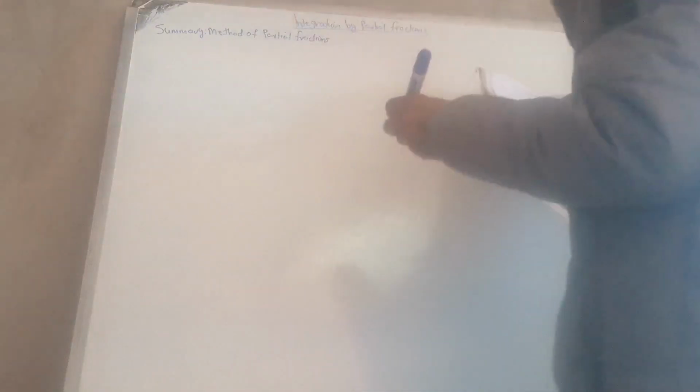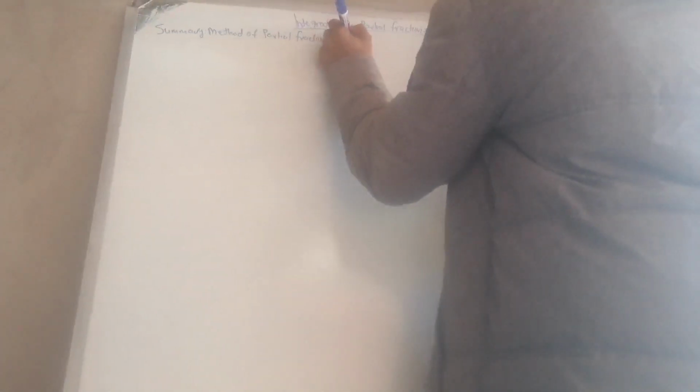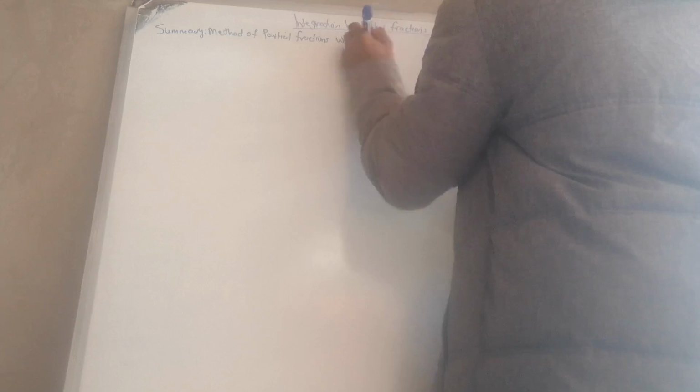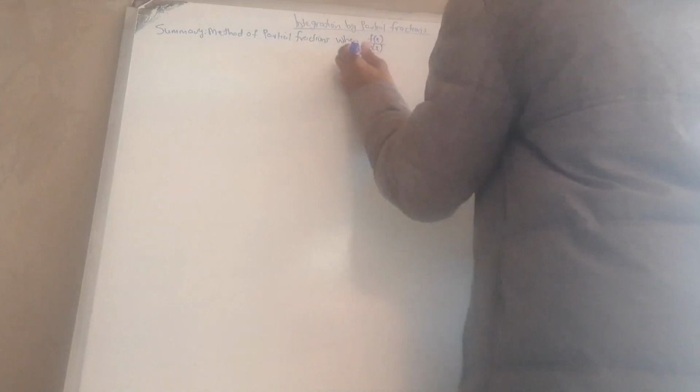simple. We will start by looking at a summary. And in our summary, we will say the method of partial fractions, when f at x divided by g at x is proper.